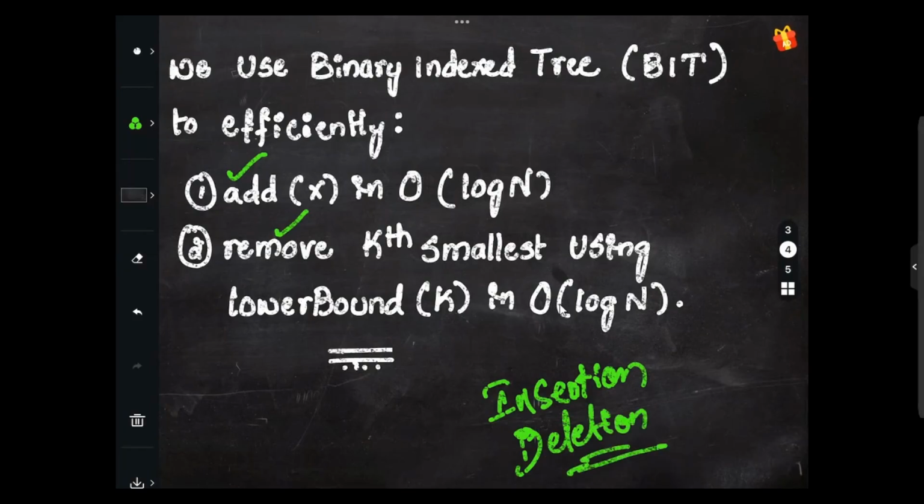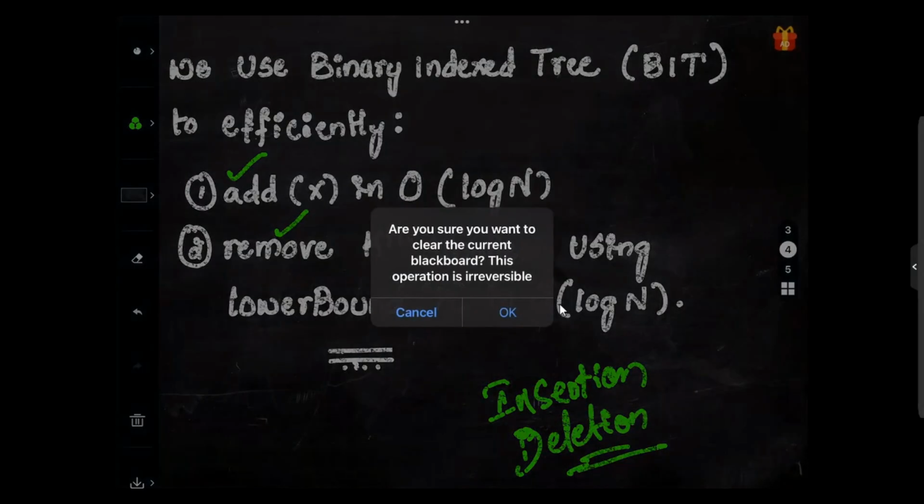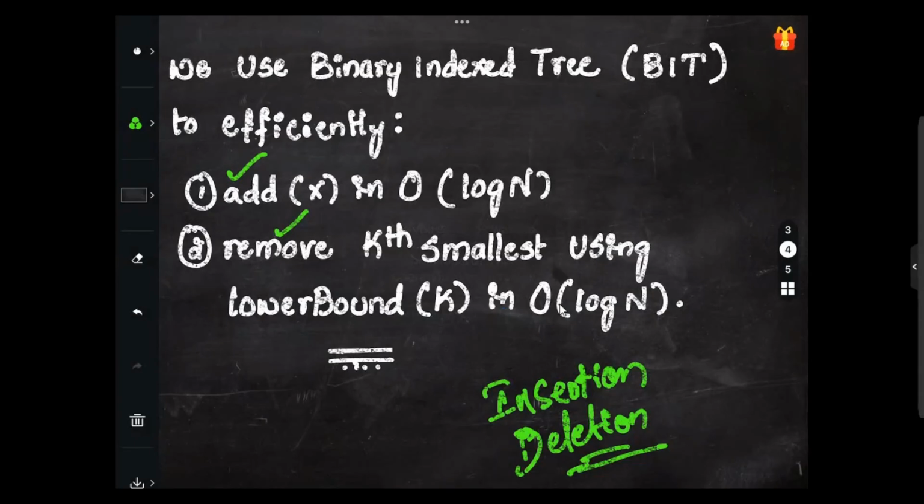So to add and remove efficiently, we will be going with a binary index tree or the Fenwick tree. We can go with the add operation within big O of log n time complexity, and we can remove the kth smallest element using the lower bound of k in big O of log n as well. So that is the reason we'll be going with the Fenwick tree.